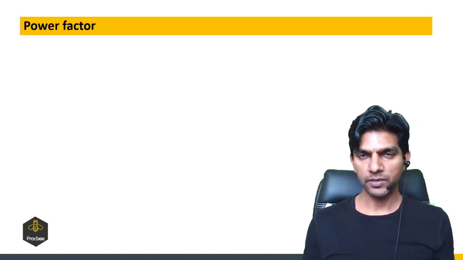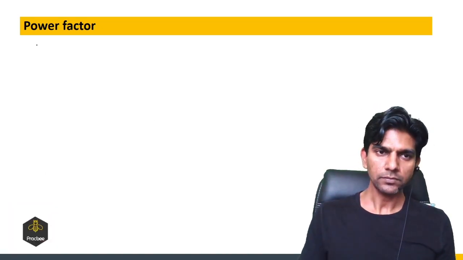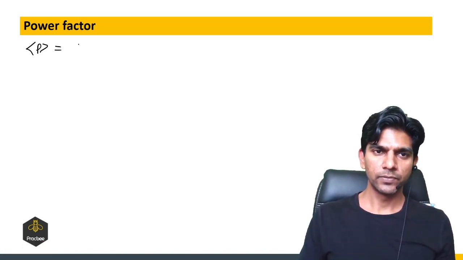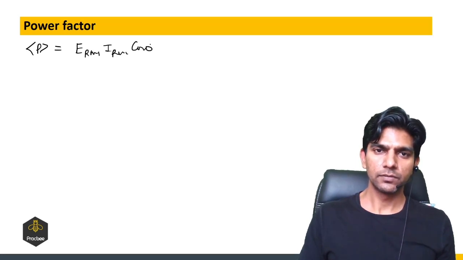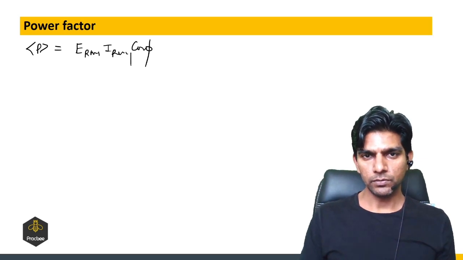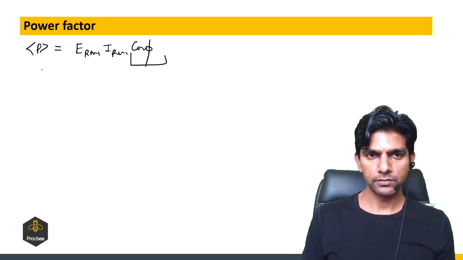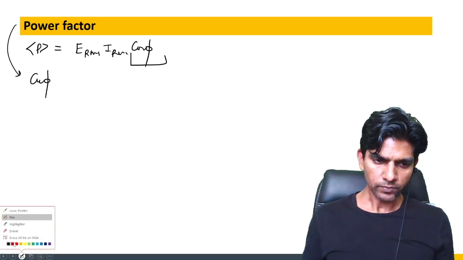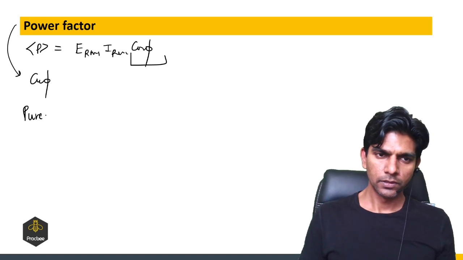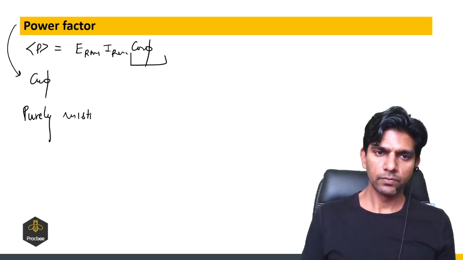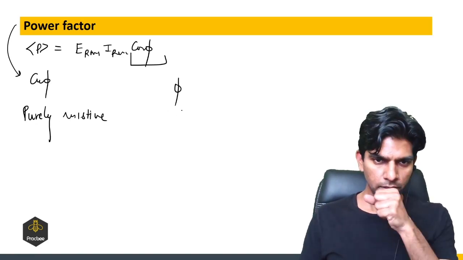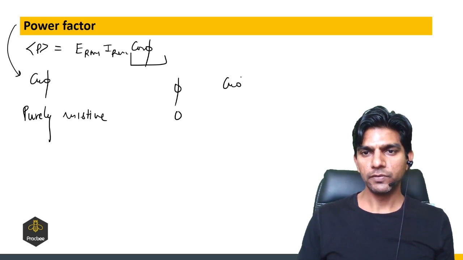Now let us see the concept of power factor. So average power dissipation in AC circuit is given as E RMS I RMS times cos phi. Now this term cos phi is known as the power factor. In case of a purely resistive circuit, phi is 0, so cos phi will be 1.